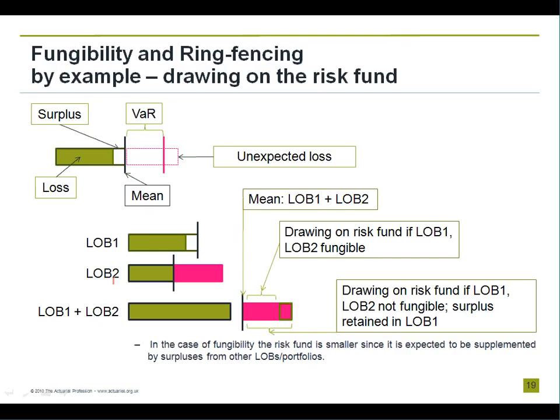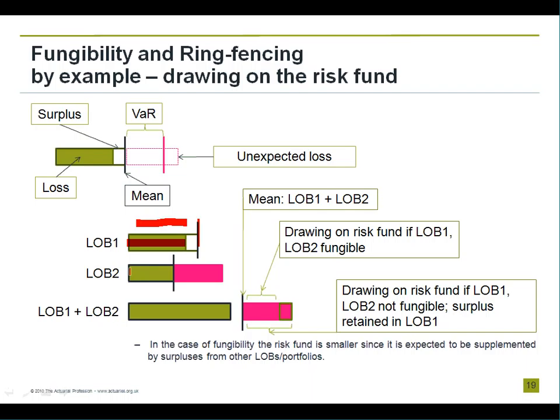All right, let's now assume that for LOB1, the loss is the green part, and the mean for LOB1 is there. So that's the distance for LOB1. In this particular example, because the loss is less than the mean, there's the surplus here. Now, is the surplus going to be used to pay for the other line of business that exceeds the mean or not?